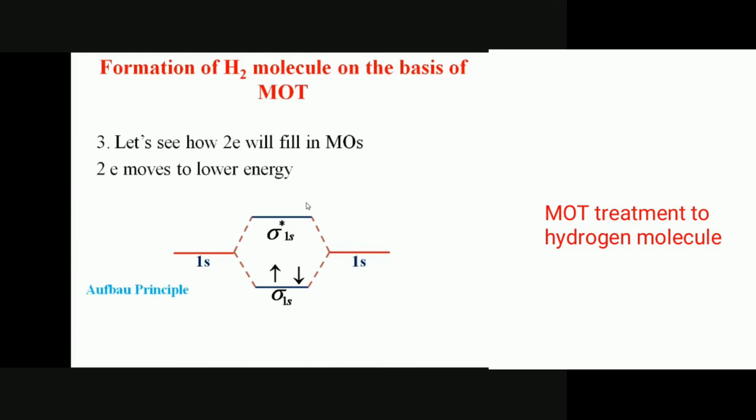I am again repeating, all these three things I already discussed with the postulates. In the last postulate, they clearly say that whenever electrons are filled in the molecular orbital, they have to follow important principles and rules. One we have taken care of, that is the Aufbau principle, and the last one is Hund's rule.